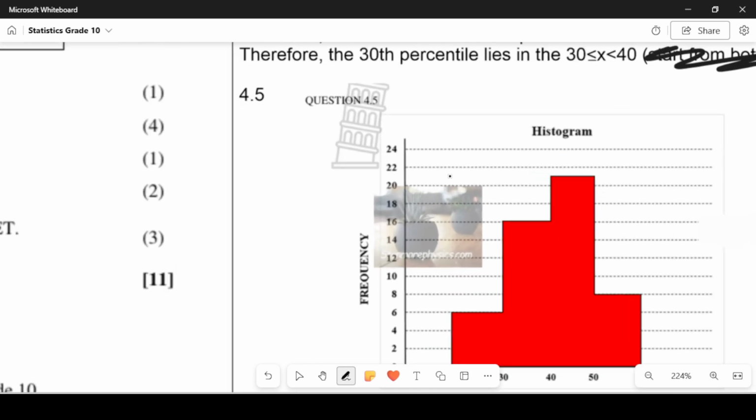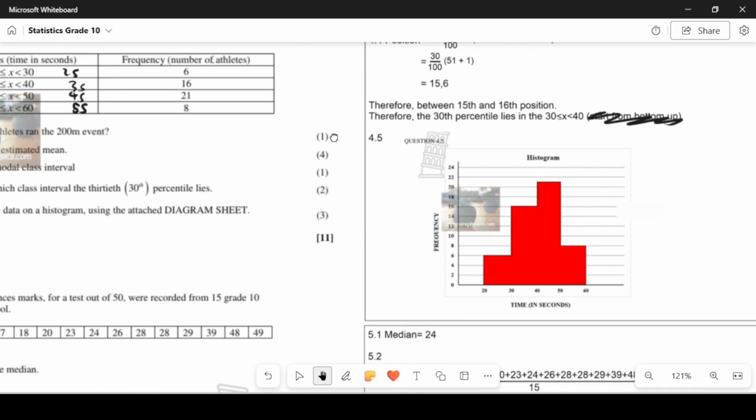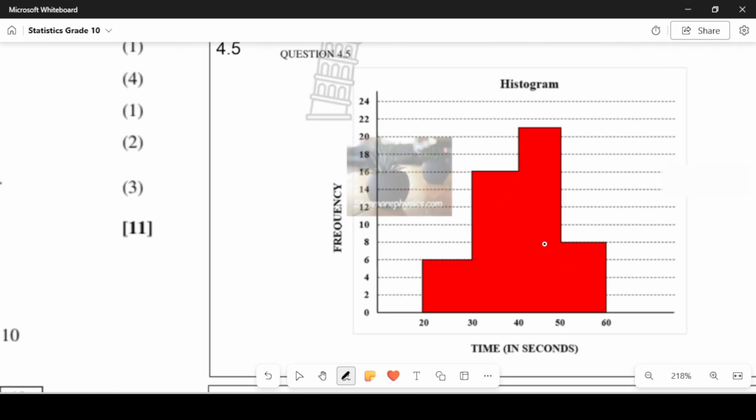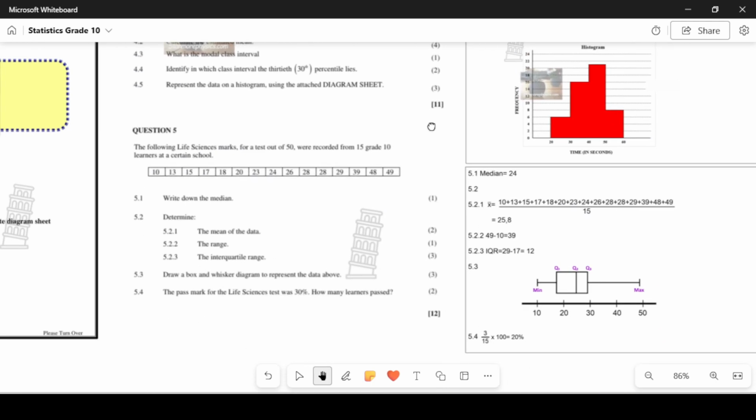Again, can you see why I say drawn to scale? Between 20 and 22, exactly half of this interval would represent 21. And so that's the reason why we trace it out there. It becomes 21. And then the last one, between 50 and 60, we have 8. Right? Yeah, 8. And then if you join all of that together and you shade it in, then you have exactly what you need. So yeah, that's how we solve that question.